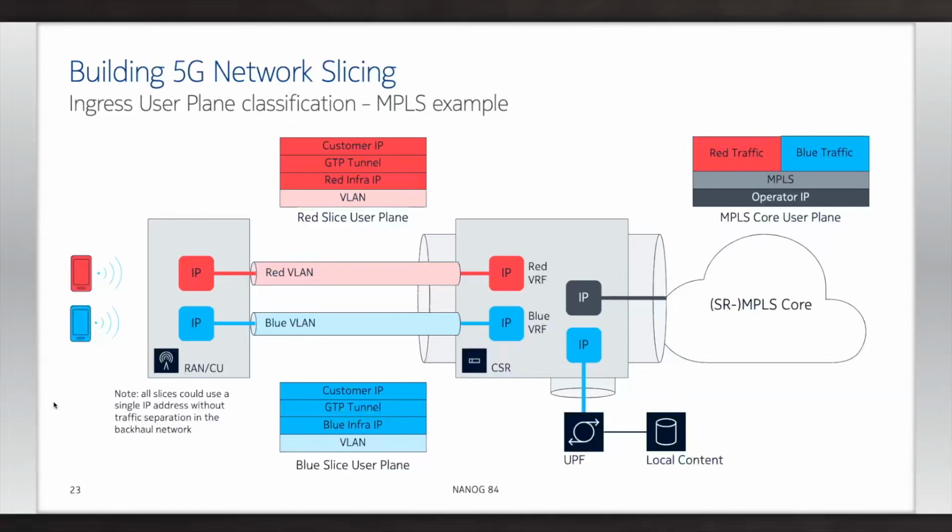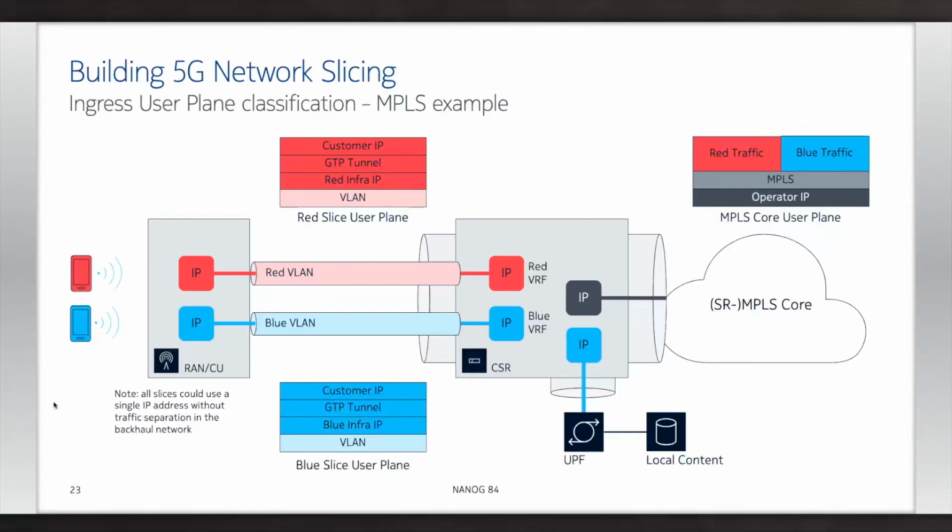You can see here there's a blue and red VLAN and their GTP tunnel. It's important to note that the traffic from the devices is always tunneled. And this poses an interesting point, which is the radio could also potentially use a single IP address for all slices and still have traffic separation, because the GTP tunnel separates the device traffic from the infrastructure traffic.